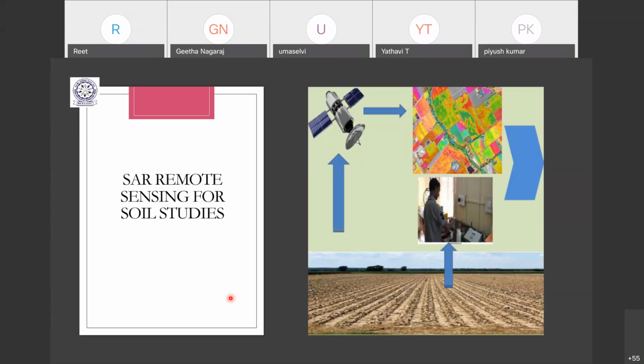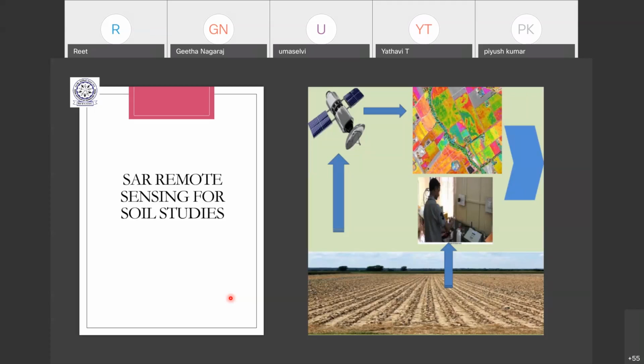So coming to SAR remote sensing for soil studies, you might have heard about the soil health card. Soil health card is prepared by the government to indicate the fertility or the health of the soil.